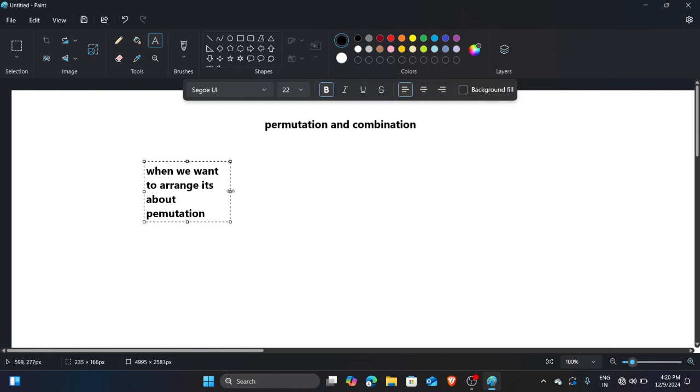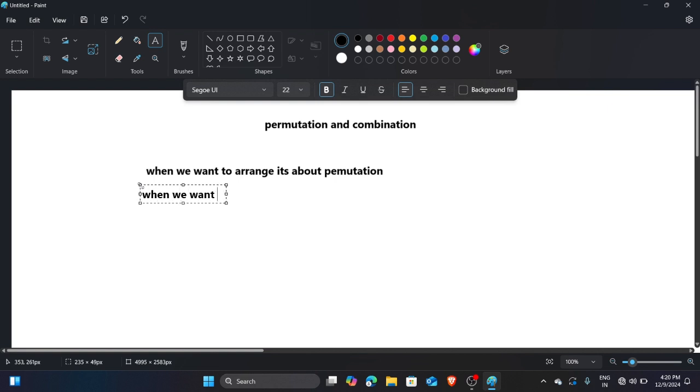Okay, so this is the line. And now, when we want to select, it's about combination.